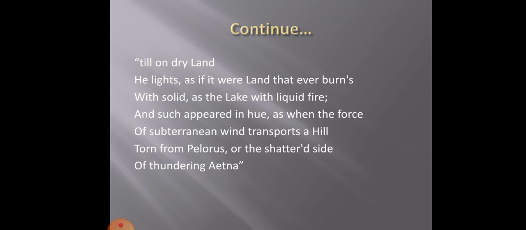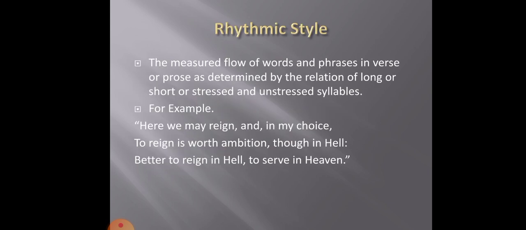And such appeared in hue as when the force of subterranean wind transports a hill from Pelorus, or the shattered side of thundering Etna." So we can see how beautifully he has explained this.